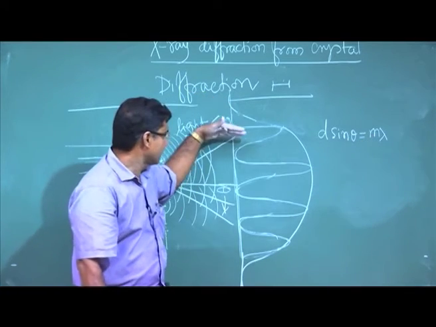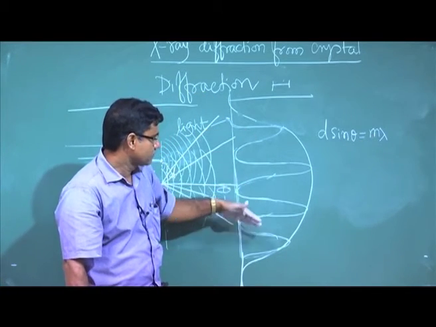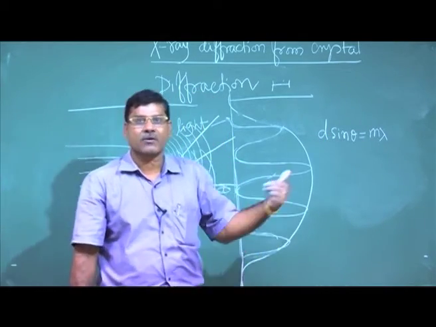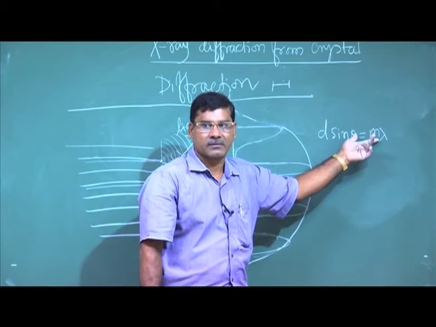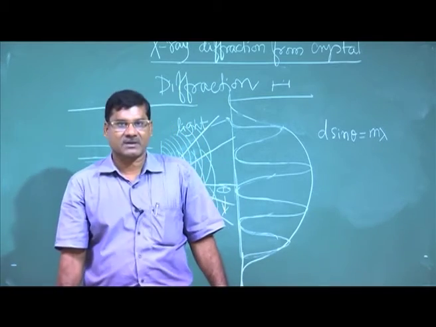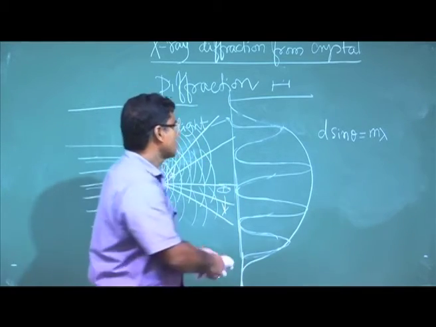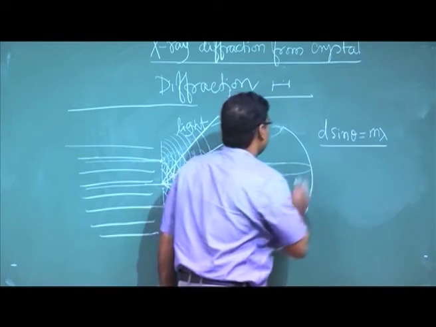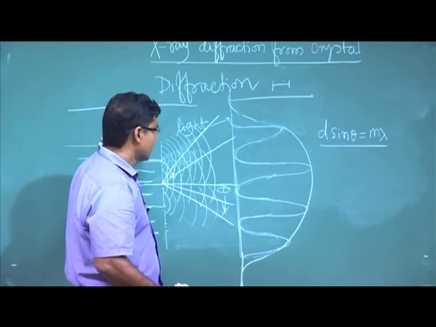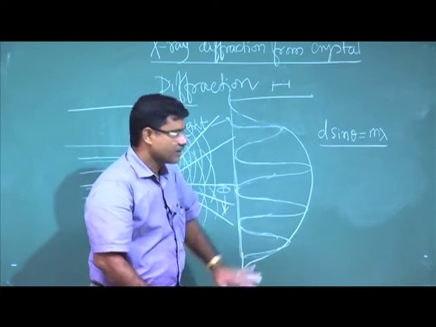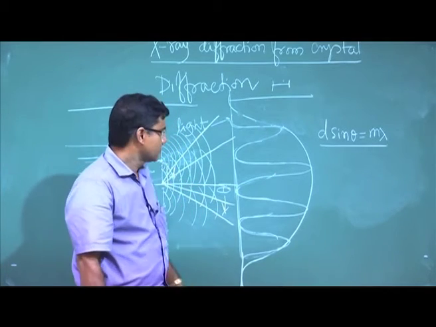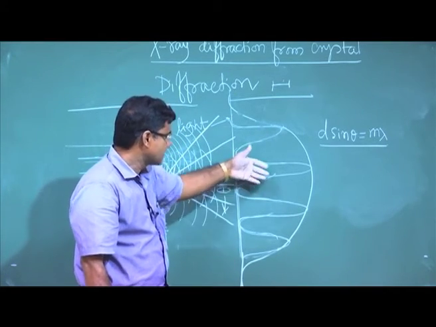So we get many maxima depending on the order, first order, second order. m is the order of the interference or diffraction, so m equal to 1 is the first order, then second order, third order peaks. In grating diffraction of visible light, we get this type of change in the distribution of the intensity.